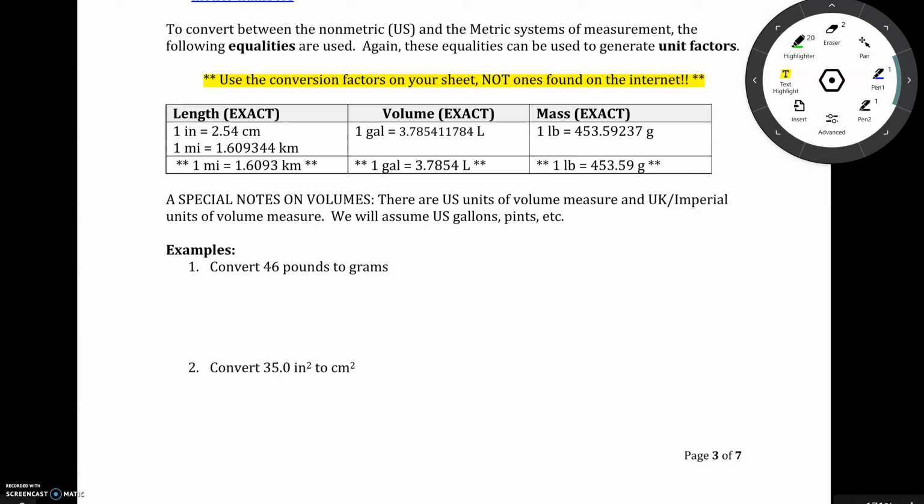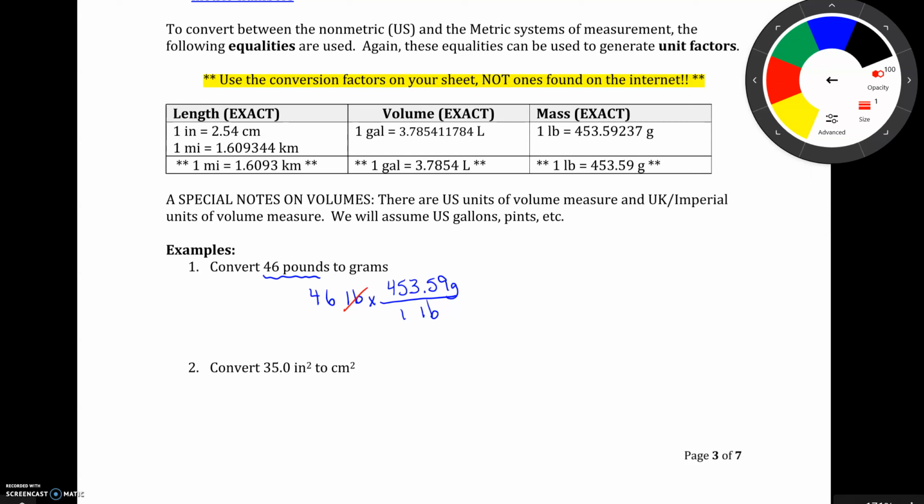With that information in hand, let's set off on doing our first conversion. So we have 46 pounds and I want to convert it to grams. I can start by writing my initial measurement, including units. And then I think to myself, do I have a conversion factor that lets me go from pounds to grams? I do. I know that 1 pound is 453.59 grams. So I can write up my unit factor and cancel my units.